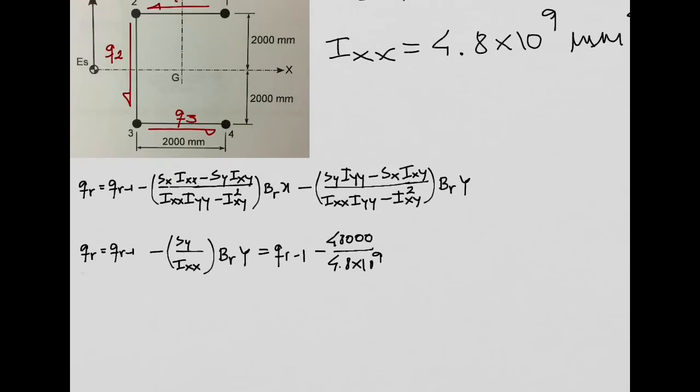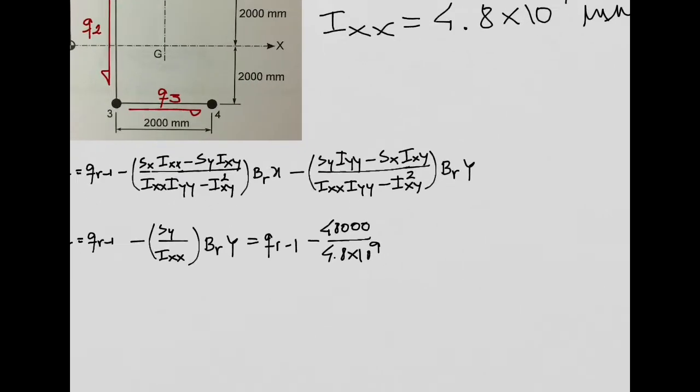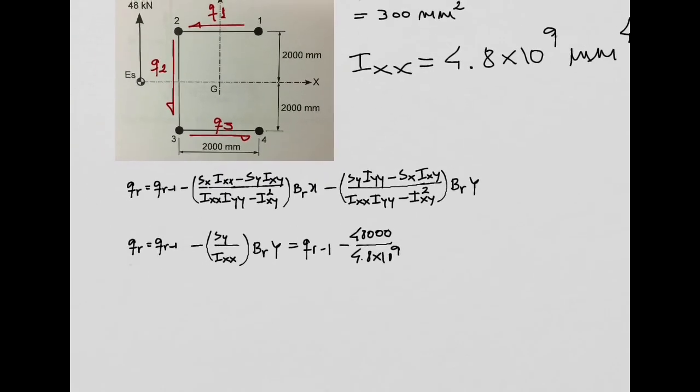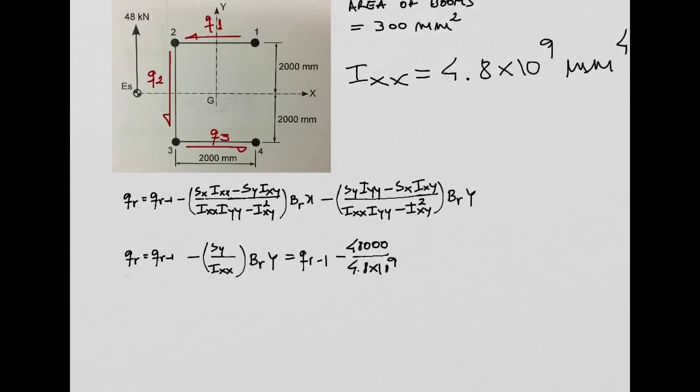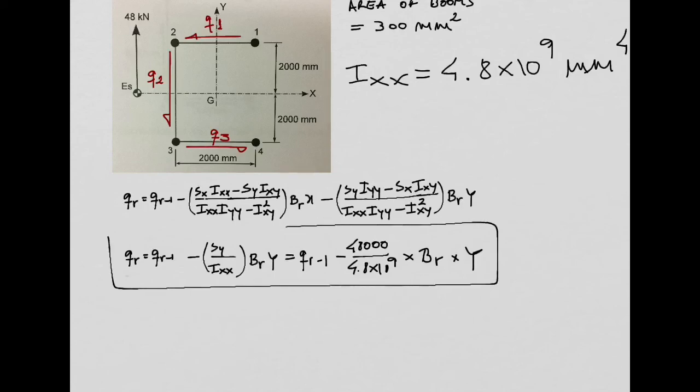This is our second moment of area about x-axis. The boom area is 300, but it's better to leave it this way because in this example it all is 300, but in different examples they might have different areas, and then distance to neutral axis of the boom. So we will focus on this equation now. Okay?